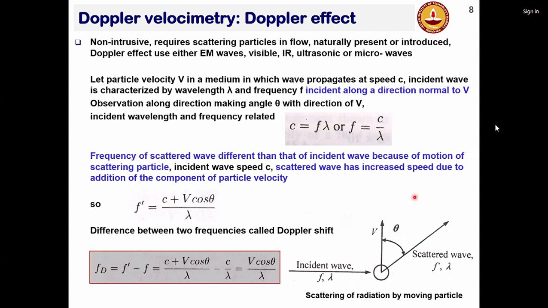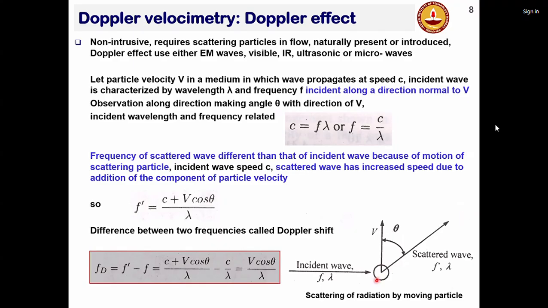So if you look at the incident wave, the wave velocity by definition is frequency times the wavelength, or the frequency is basically the wave velocity divided by the wavelength. Now, when you have the scattered wave, the frequency of the scattered wave can be found by considering the net velocity along the scattered wave.